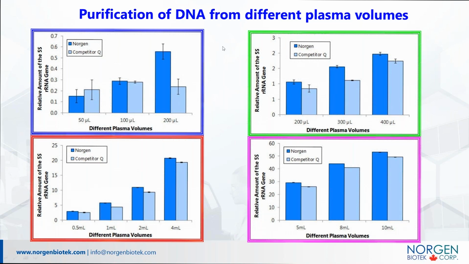That's why you are losing the linearity. So if you went 50 microliters, the inhibitors may be less, but when you go to higher volumes, you are increasing the amount of inhibitors. So you're going to get DNA, but it's going to be inhibited. You can go to your downstream application, obviously.